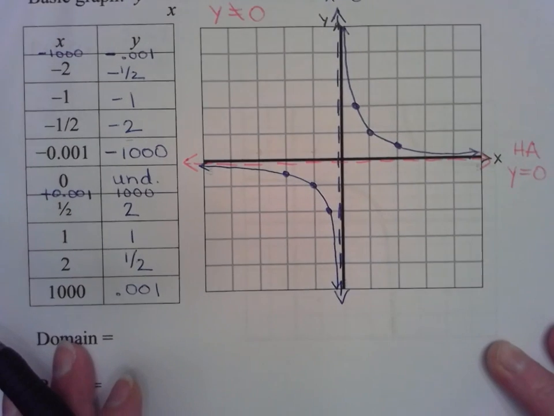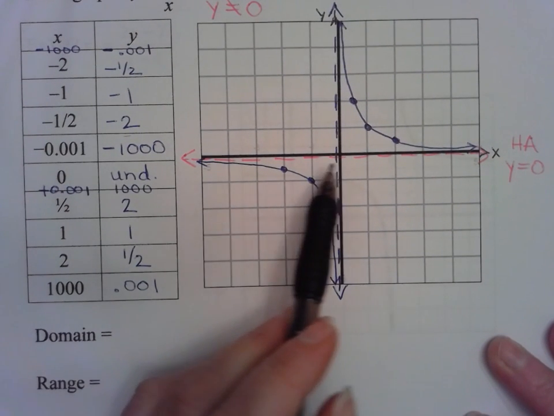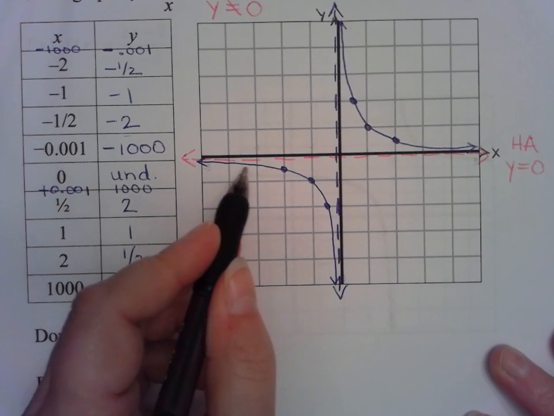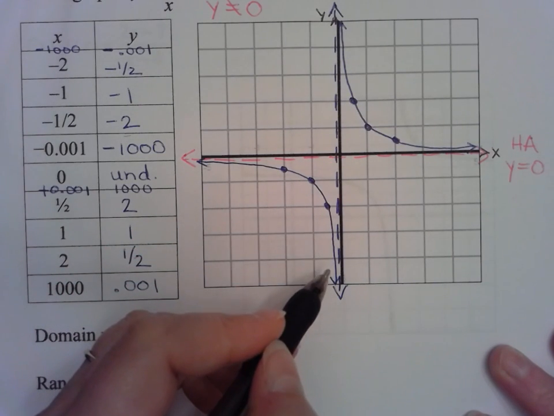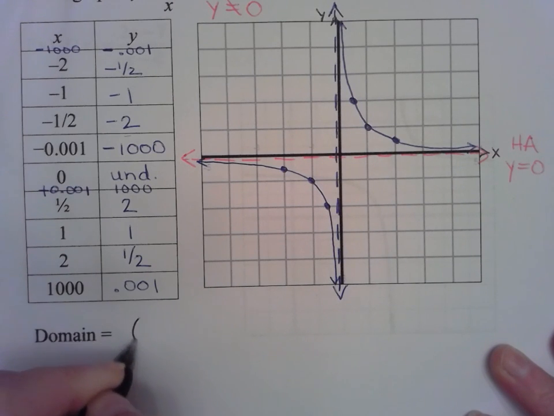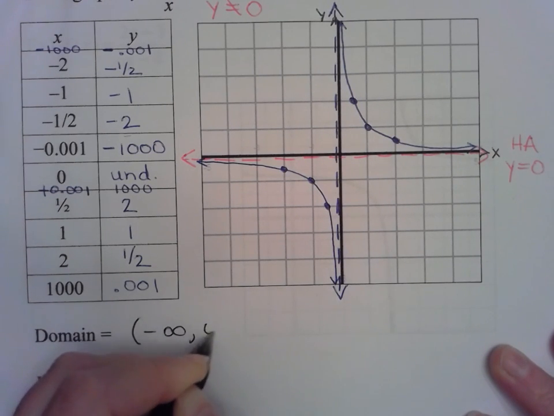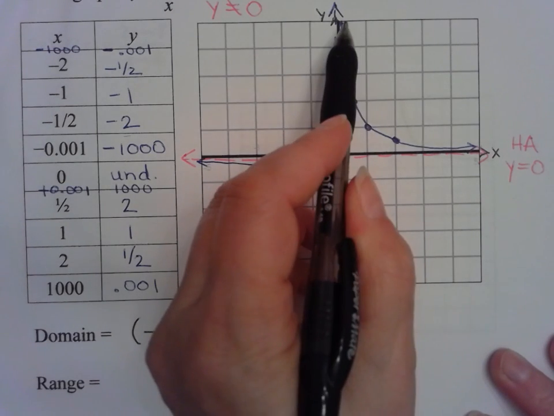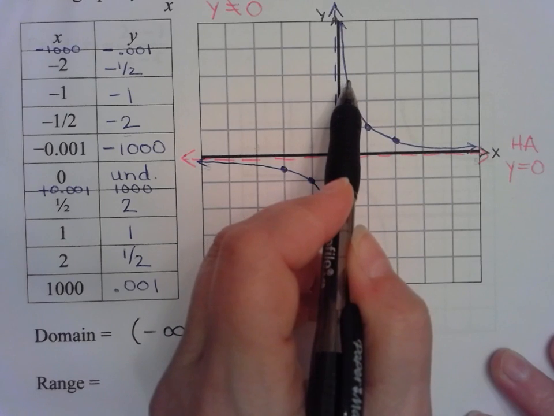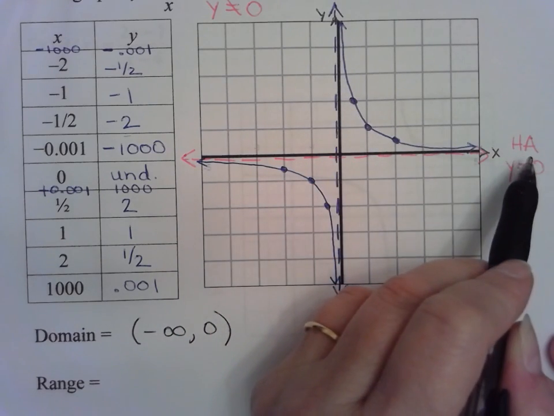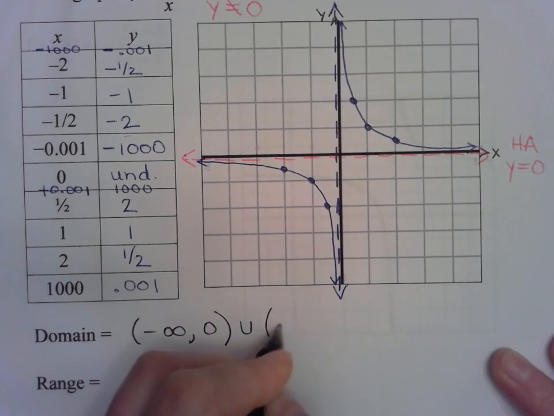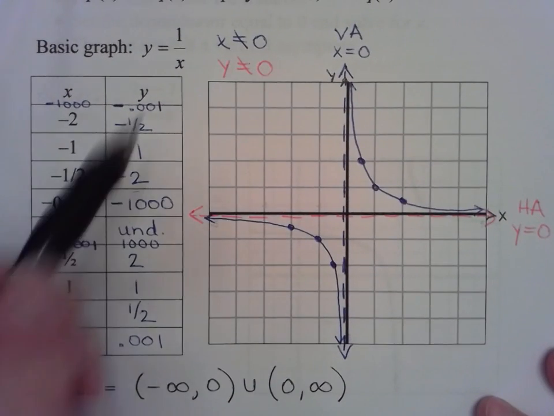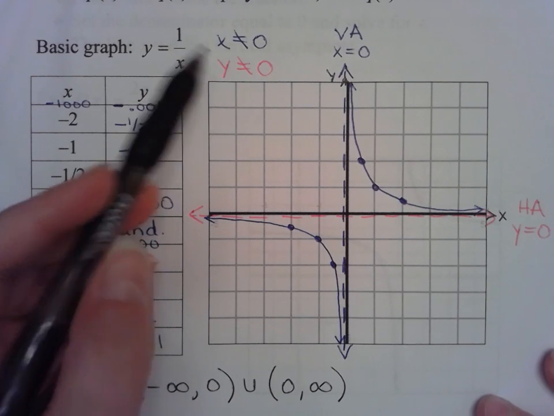So if you match that idea up with what we see in the graph, from left to right, the domain is going to go from -infinity up to but not including 0, because I'm infinitely close right here. And then on the other side, I'm infinitely close after 0, going all the way out to infinity. So I'm just leaving out the one number, 0 itself, right? Because x cannot be 0.